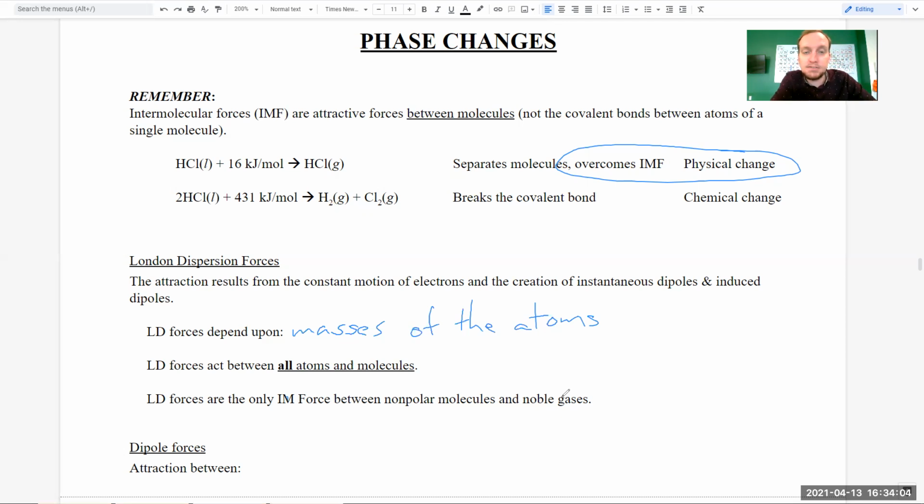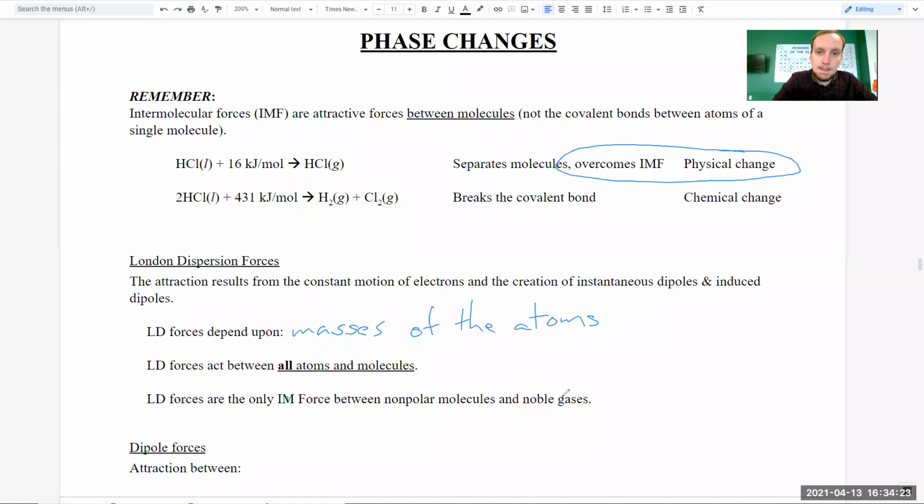You remember that noble gases do not make chemical bonds, but they can have a short-lived fleeting intermolecular force, or London dispersion force to be more specific, between neighboring molecules. So they can kind of interact with things, but they're not going to form a true chemical bond.